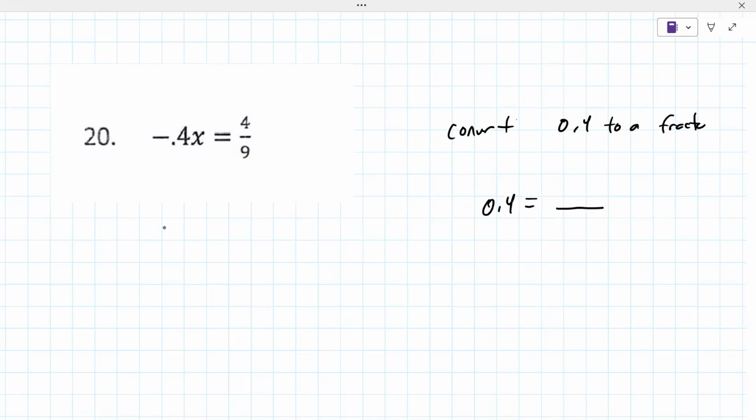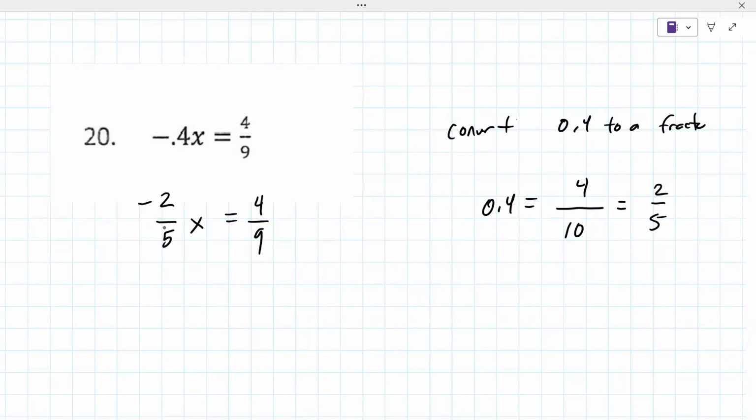So that would become 4/10. And then does that reduce? Yeah. So what is it? That would become 2/5. So it's really -2/5 x equals 4/9.